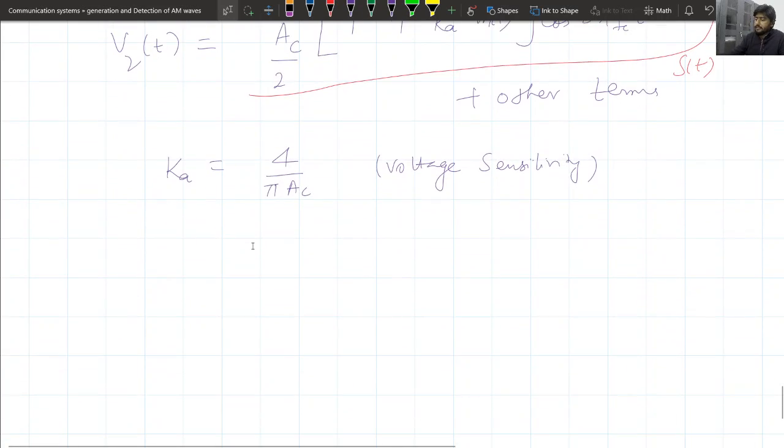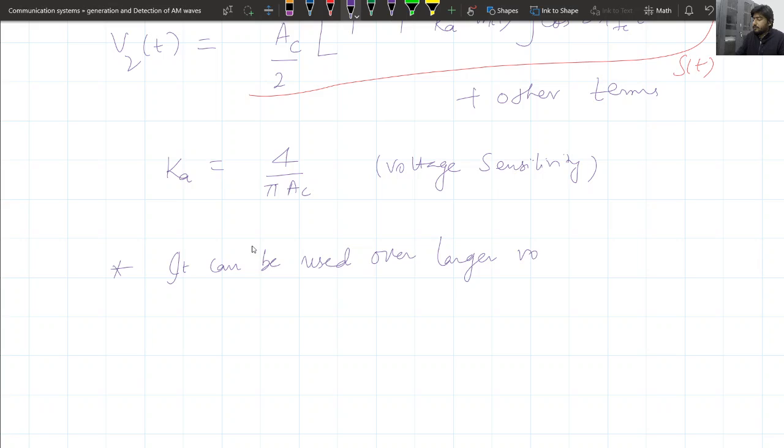Now one important advantage here is that it can be used over larger voltage levels, unlike the square law modulator.